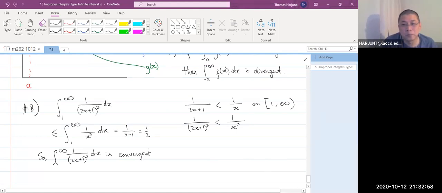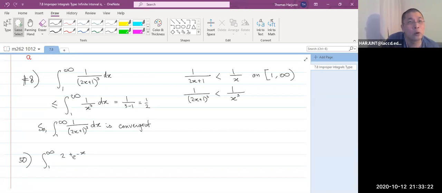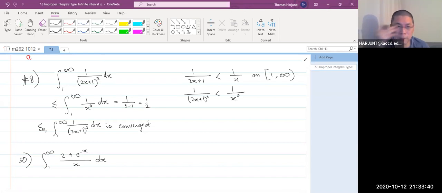Number 50. Use the comparison theorem to determine whether the integral is convergent or divergent. Integral from 1 to infinity of (2 plus e to the negative x) over x. Is this convergent or divergent? Now try, have some instinct first.